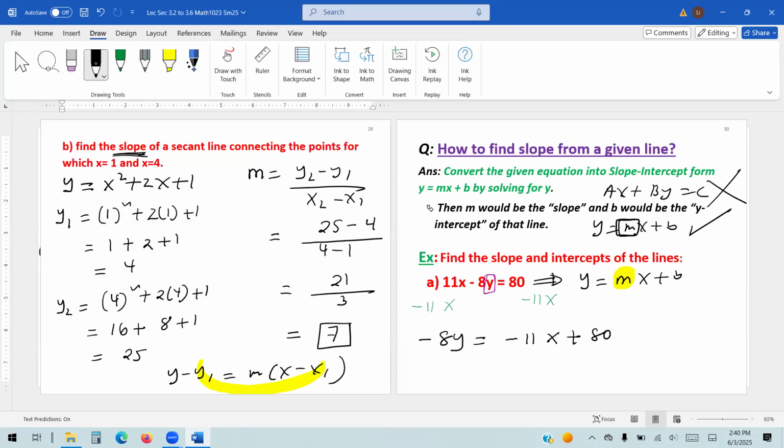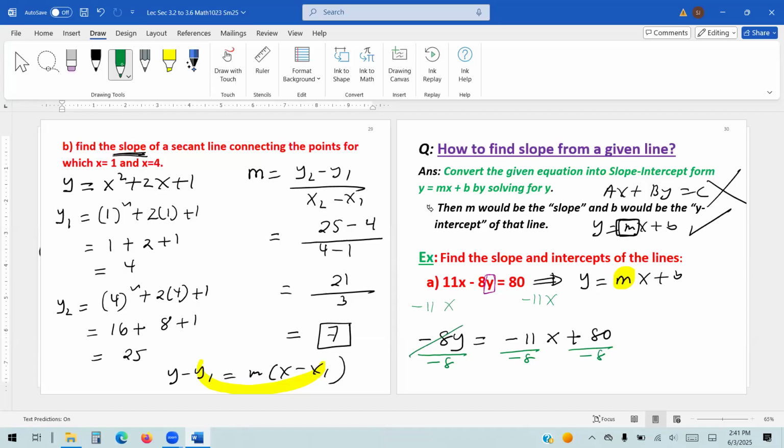Not yet. The problem is negative 8. So how can you get rid of negative 8? Divide, not adding, dividing by negative 8. Divide every term individually, because we are looking for the number in front of the x. This is what you're looking for.